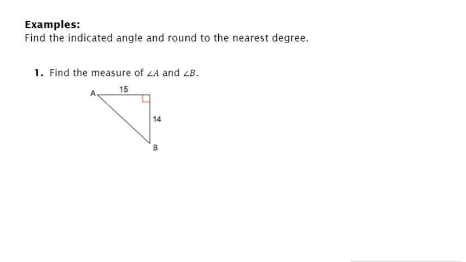For examples 1 and 2, we're basically doing the same thing. The first one's asking for the measure of angle A, and then we're also going to find the measure of angle B as well. If I start with A and label everything out, I have an opposite and an adjacent. So my trig ratio I'm going to use is tangent.